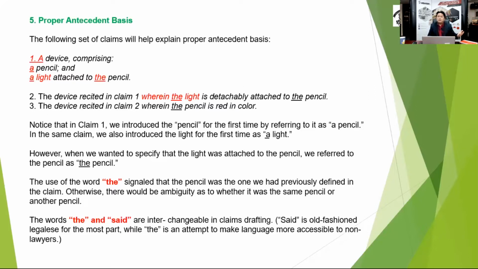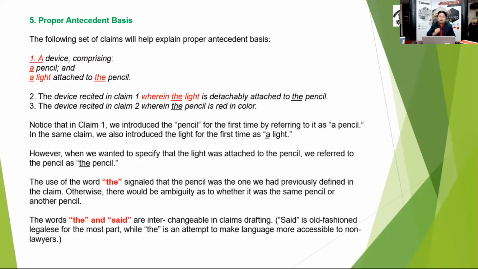In every patent, you always start with at least one independent claim. You can have more than one independent claim if you want to. But in this example, I will just give you a very simple independent claim, followed by dependent claim number 2 and number 3.